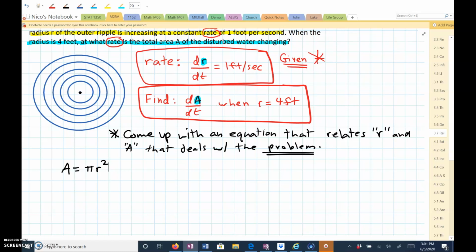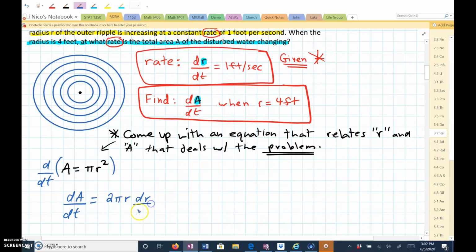So now, once you come up with the equation, the next thing you're going to do is take the derivative of that equation always with respect to time. So the derivative of the area with respect to t equals 2 pi r, because pi is a constant, and then you would have dr/dt.